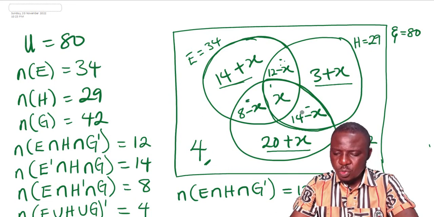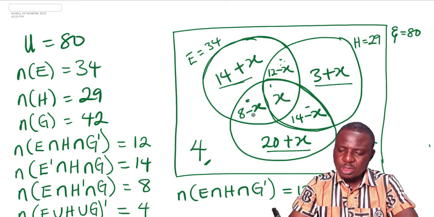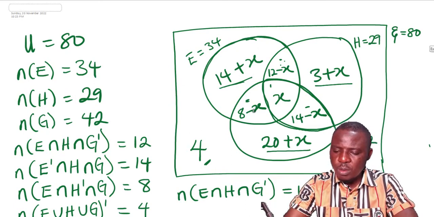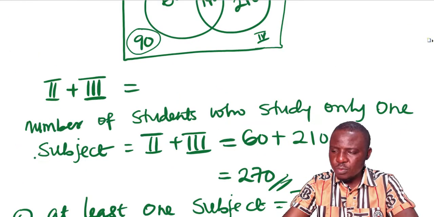So this is the region we are asked to find. So for us to get the total number of students who study only 2 subjects, we have to sum up these 3 regions together, sum up their values, and what would I give you?